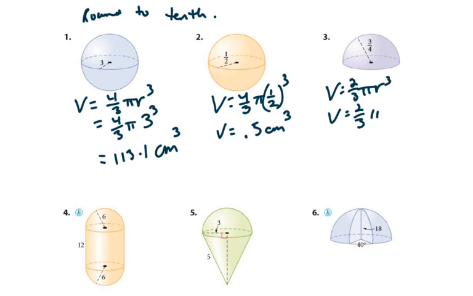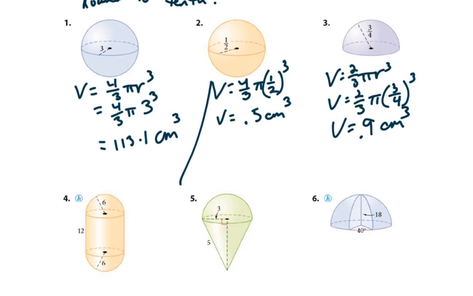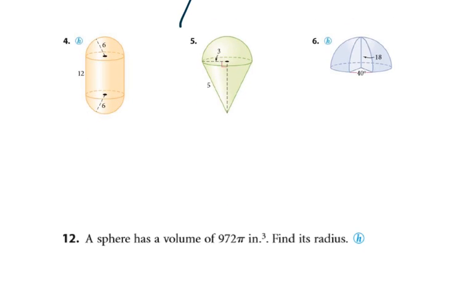So 2/3 pi 3/4 to the third. Just be careful as you're typing it in the calculator. 0.9. And it might be a nice time for you to pause the video and try these and see how you do, and then hit play to check.